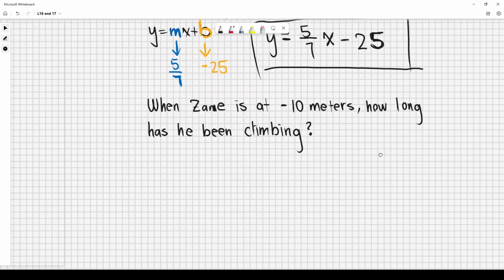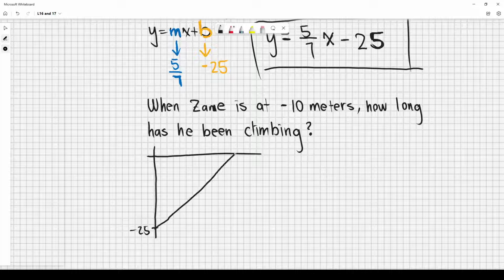I won't scroll up, but I will sketch it out here for you. So here's negative 25, and he kind of went up, something like this. And then this is 35 seconds.